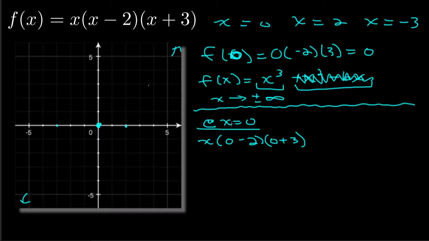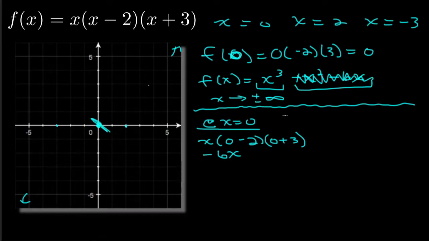I find out that at x equals 0, I have something that looks like x times -2 times +3, which is -6x. So as I go near x equals 0, I'm going to have a linear shape with a negative slope. So to remind myself, I'm going to draw a straight line with a negative slope.